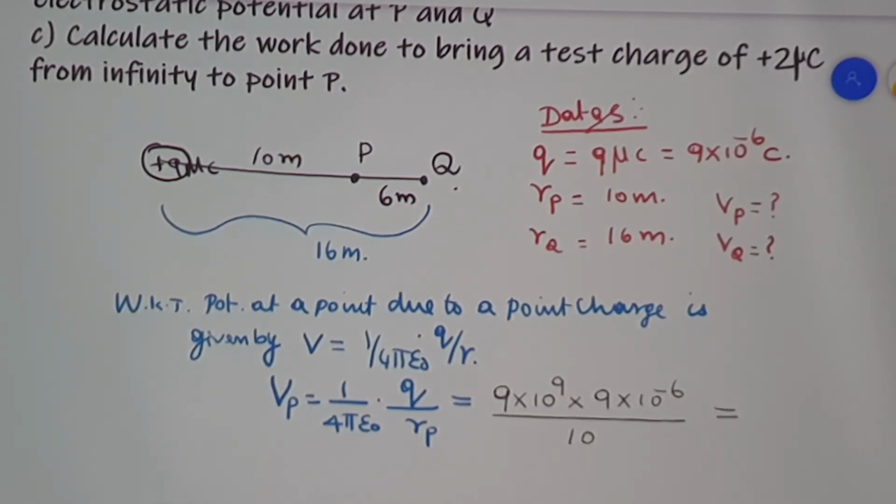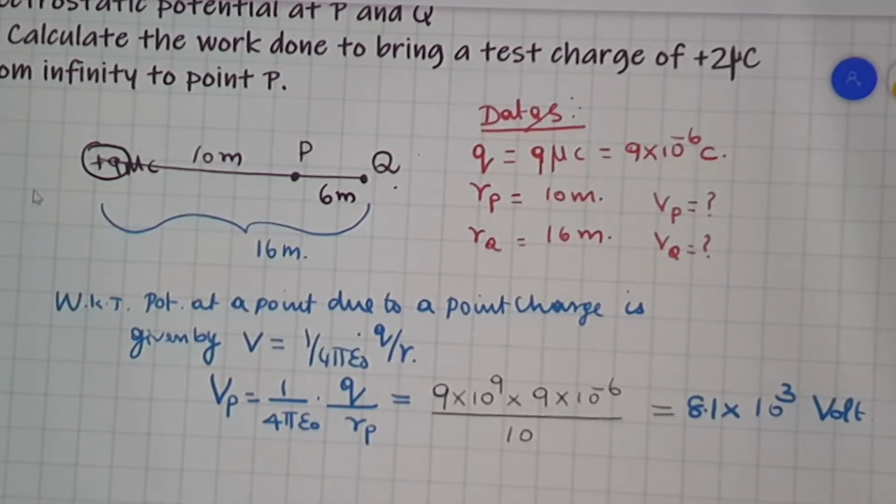What is the answer? 9 into 9 is 81, divided by 10 is 8.1, multiplied with 10 to the power 9 and 10 to the power minus 6, which gives 10 to the power 3. So Vp is 8.1 into 10 to the power 3 volt.